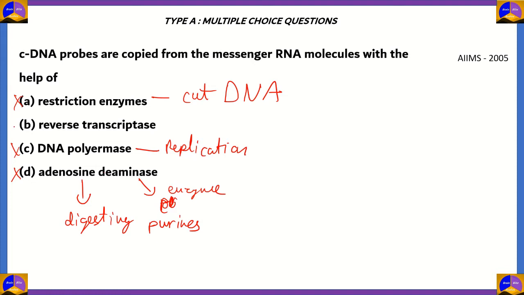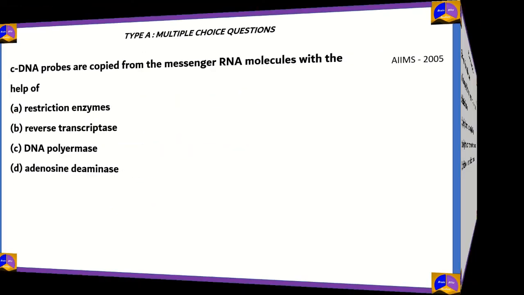The right answer is option B, reverse transcriptase. Reverse transcriptase is the enzyme that we use to convert RNA to DNA. This is exactly the opposite of the central dogma, which says transcription follows replication. So therefore, reverse transcriptase is the right chemical with which cDNA probes are copied from messenger RNA molecules.